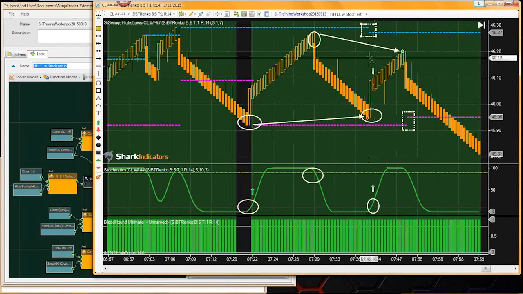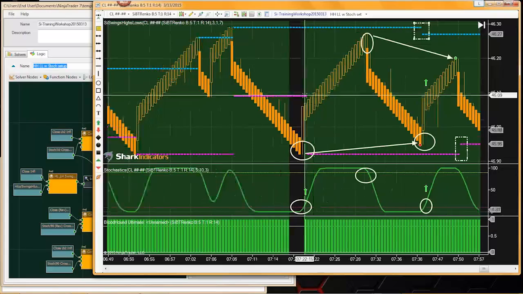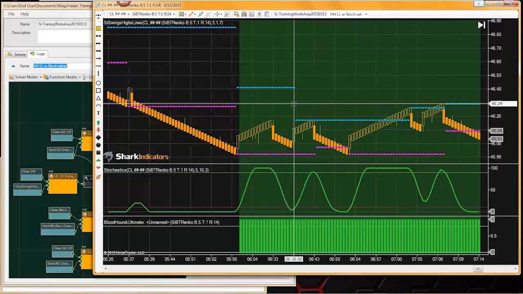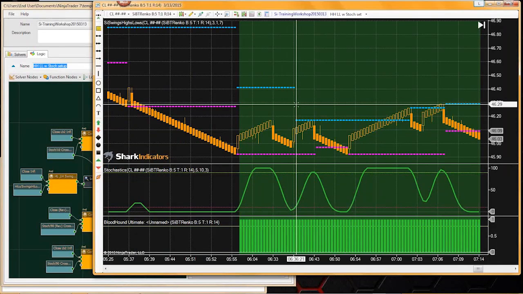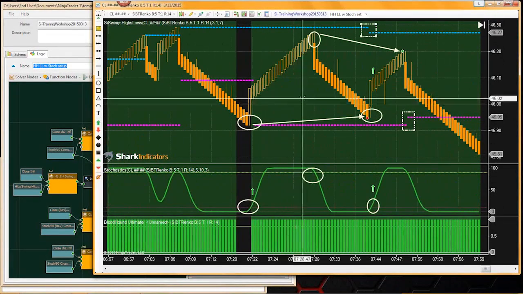And let's see. Well, let me just look through this chart here and see if that actually is appropriate. Yeah, I think so. All right.